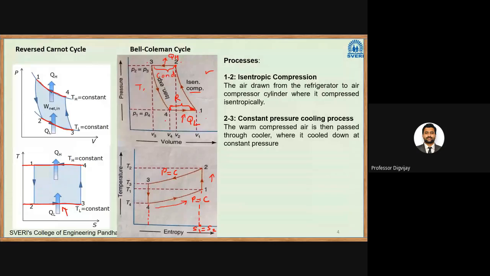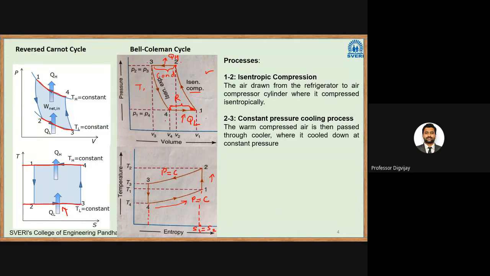We pass it through the condenser. That is the constant pressure cooling process. The warm and compressed air is passed through the cooler, where it is cooled down at constant pressure. The condenser operates at constant pressure, and its function is to cool the air, to reduce the temperature.